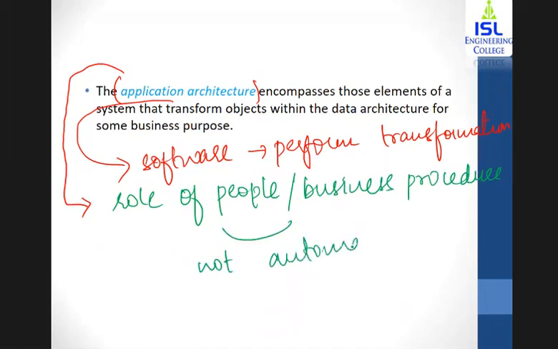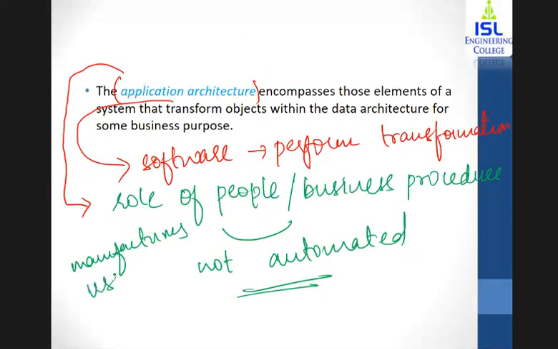If a particular person is a manufacturer, this manufacturer is not automated. He's a particular person doing a specific job. So within this application architecture, you're going to define the different roles of people, whether he's a manufacturer, a user, or a customer. Each of these is defined. These roles of people are identified for things that are not automated, that is, where the machine is not doing the job.